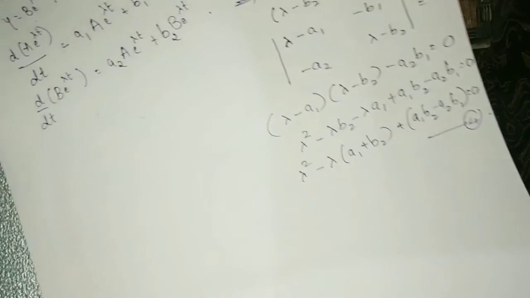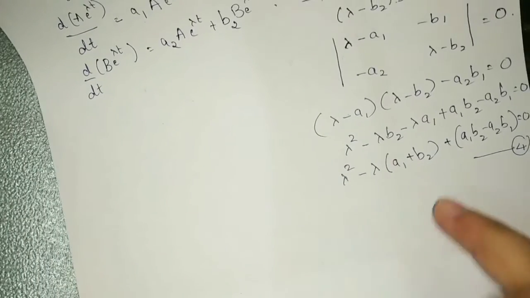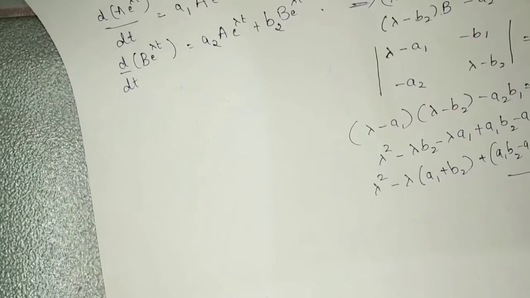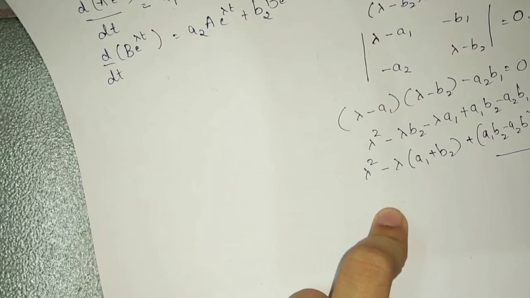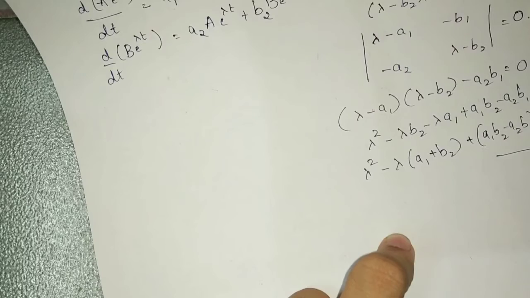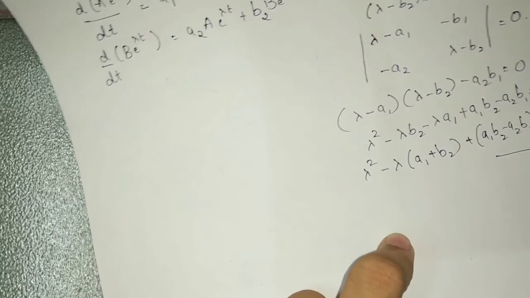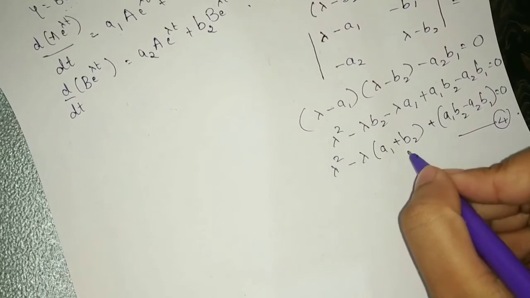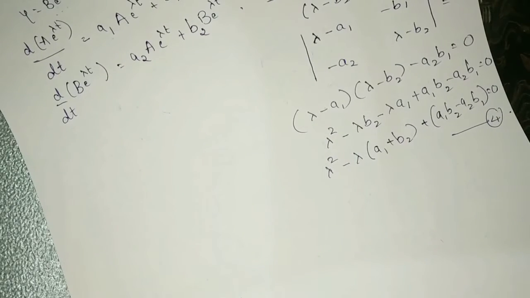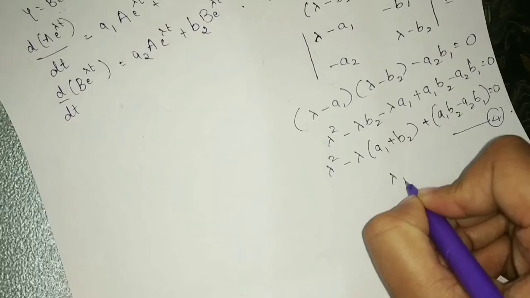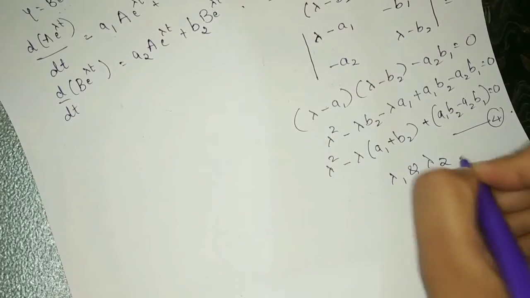We can see that equation 4 is a quadratic equation with the unknown variable lambda. So, after solving this equation 4, we get two roots. As usual, we know this is the quadratic equation. Quadratic equation will have two roots. So, we call those roots as lambda 1 and lambda 2.